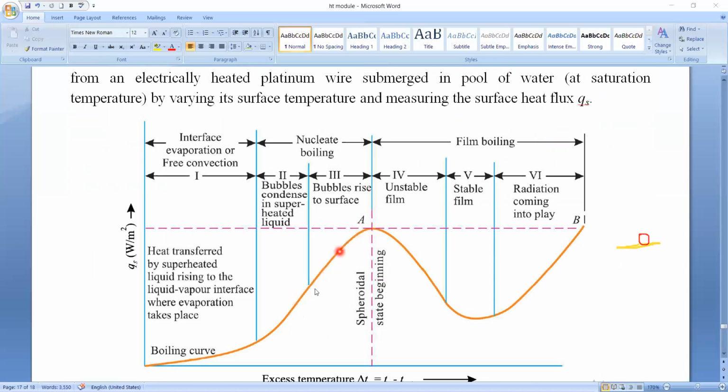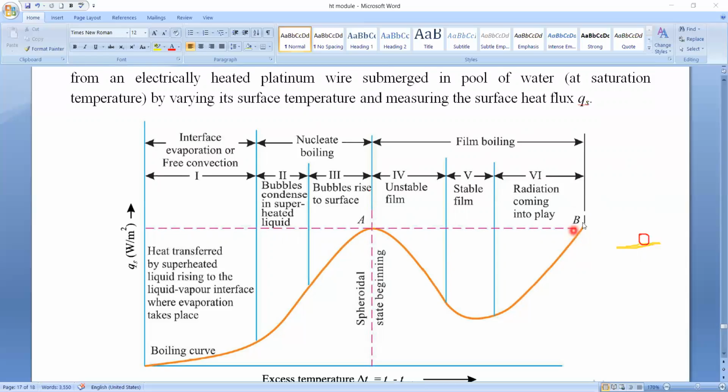Every heating equipment or electrical heater is designed in such a way that it should operate up to point A. It should not cross beyond point A. Once it crosses point A, the phenomenon becomes unstable until it reaches point B. Point B has such a high surface temperature that it is more than the melting point of the solid. At point B, the heater metal will melt, and the entire heater will get damaged.